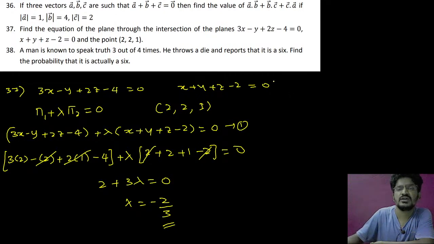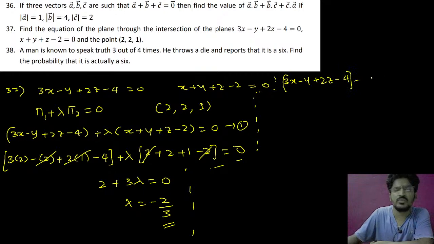That is 3x minus y plus 2z minus 4. Lambda is how much? Minus 2 by 3. Minus 2 by 3 into (x plus y plus z minus 2) equal to 0.